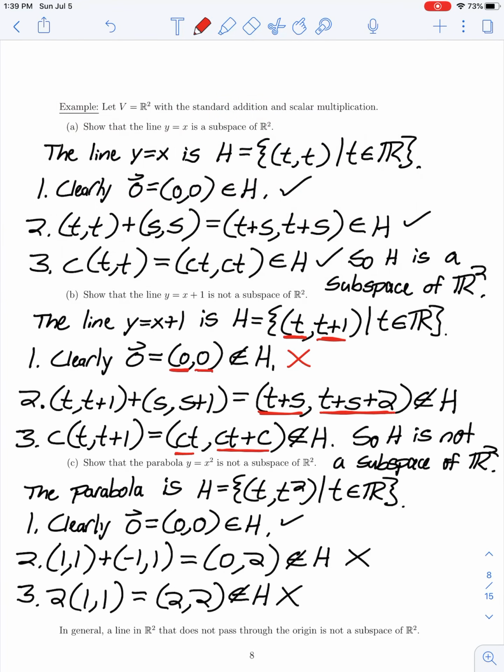Now we can show that in general, any line in R2 that does not pass through the origin is not a subspace of R2 because it wouldn't contain the zero vector. So in order for a line to be a subspace of the real plane, it must be a line through the origin.